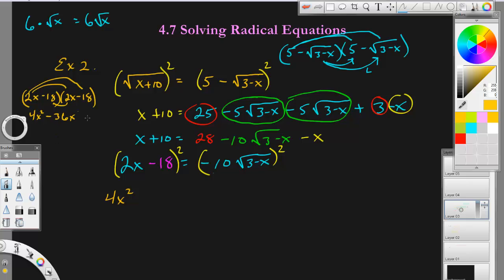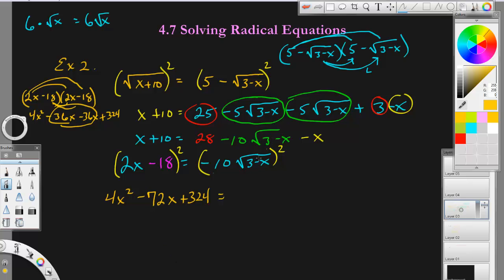Inside step, negative 36x. And the last step is 18 times 18, which is 324. So that would be plus 324. And if we put this together here, that's going to be minus, what, 72x plus 324 equals, so that was the left side.